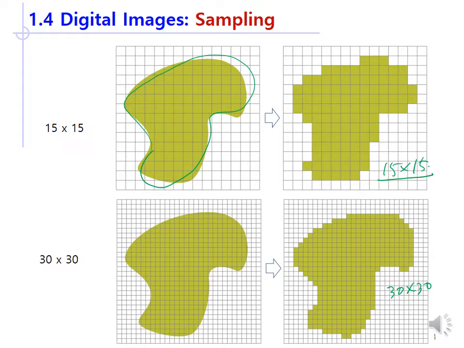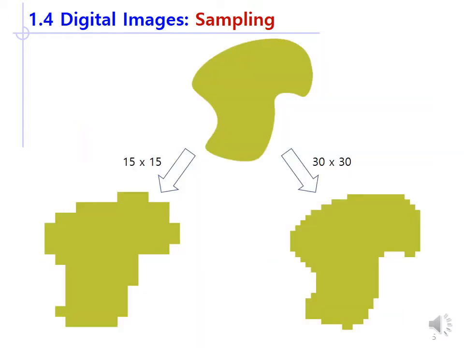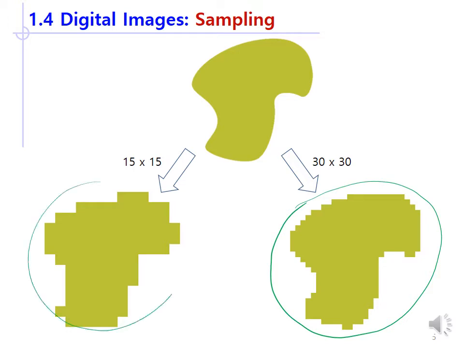When we use more pixels, we will have smoother sampled images. You can see this is a better image than this image, right? So we want to have more pixels in our camera.